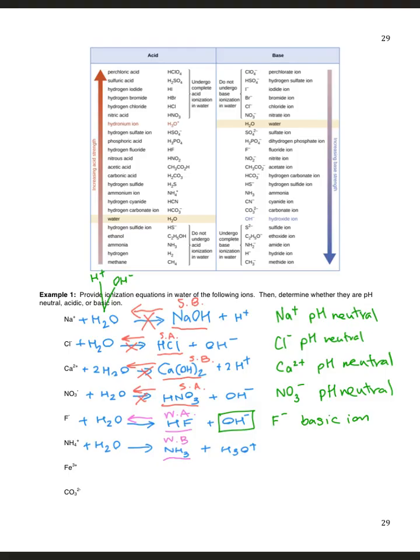A weak base only partially ionizes, so the reaction can happen in both directions. So the overall reaction is going to produce hydronium ions, which is the identity of the acid. So in this case, it's going to produce an acidic solution. And we can say that ammonium ion is an acidic ion.